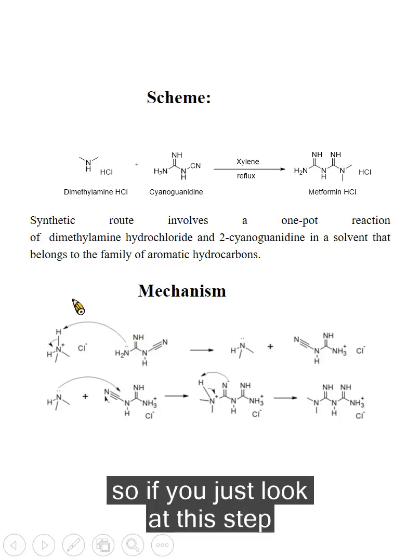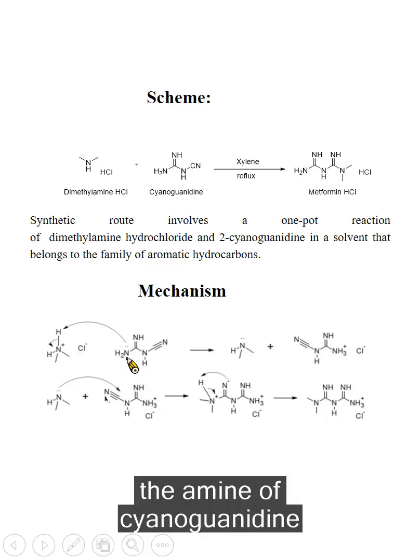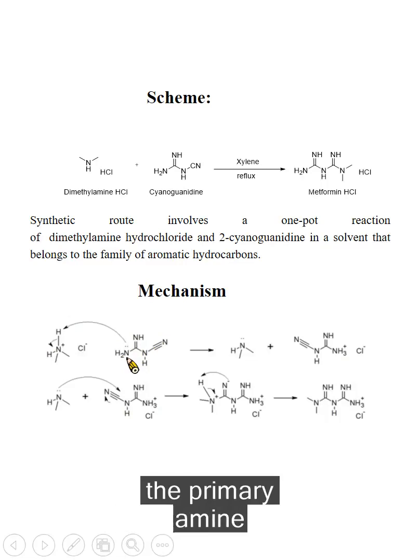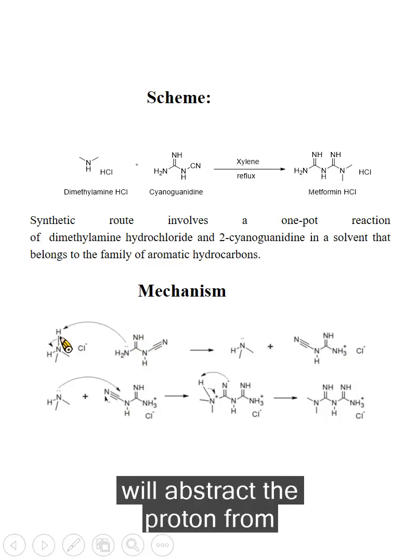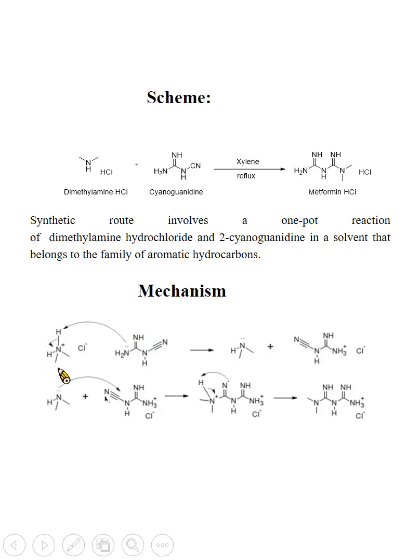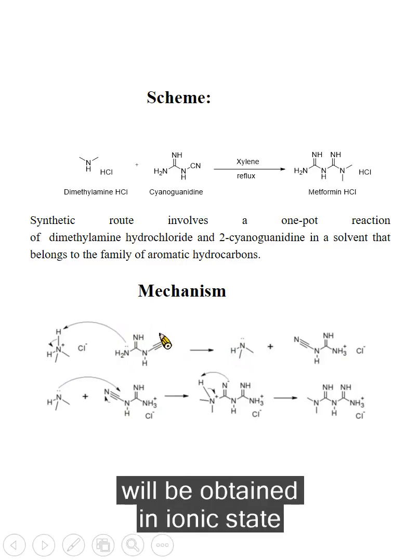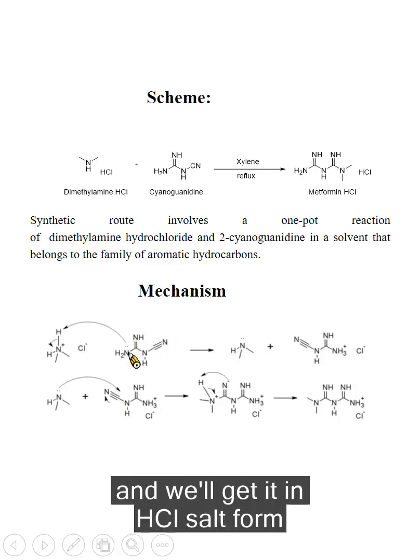So if you just look at this step, the amine of cyanoguanidine, the primary amine, will abstract the proton from dimethylamine, which will liberate the free base, that is dimethylamine, and cyanoguanidine will be obtained in ionic state. That means this nitrogen has been protonated and we will get it in hydrochloride salt form.